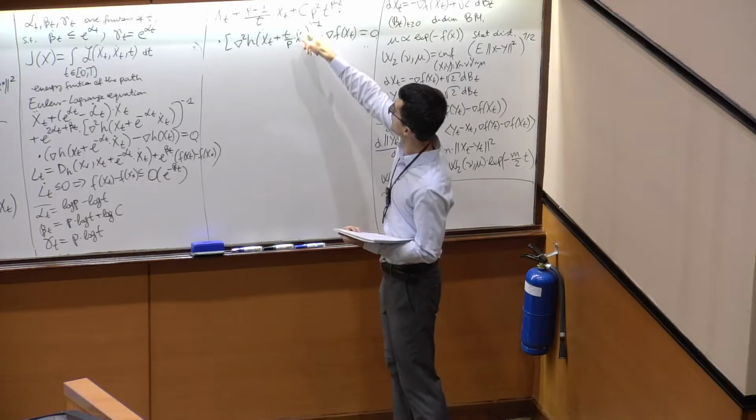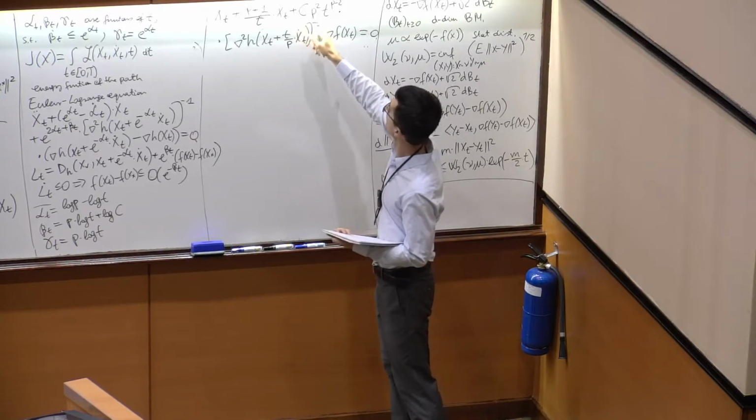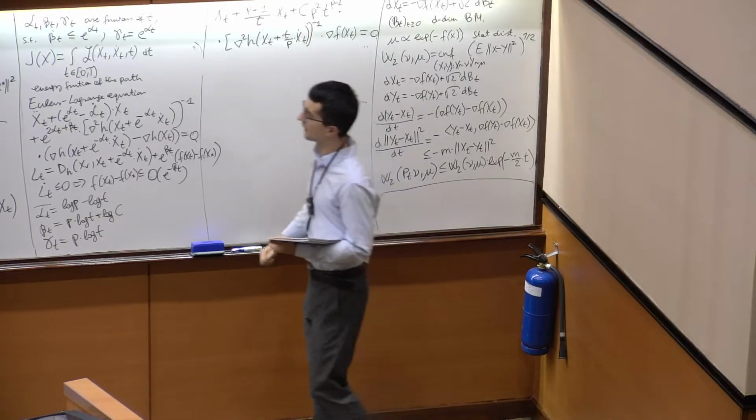Okay, so you have to choose C to be 1 over 4, then it will kill this.